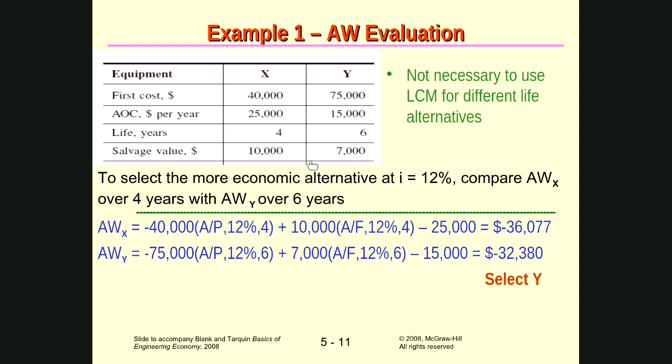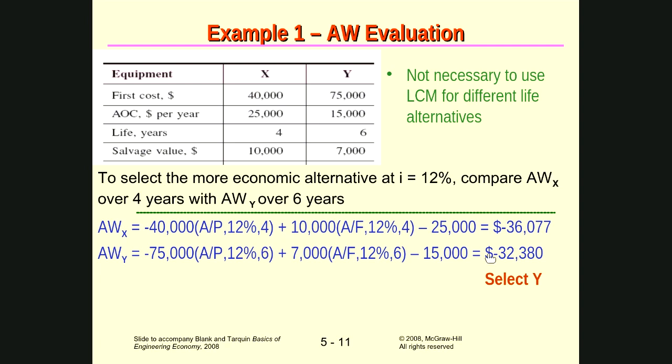That's why you see them here at the end of the equation in blue. No formulation is needed for conversion. But for the 40,000 or the 75,000, you do A given P because it's the first cost. And for the salvage, it is A given F as a future value with a plus sign. Pay attention to the sign when you do the formulation.